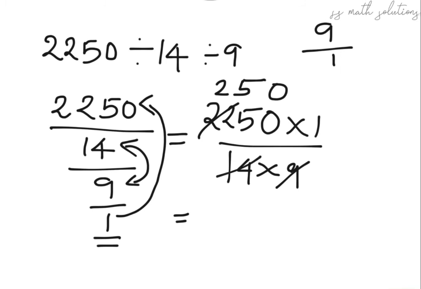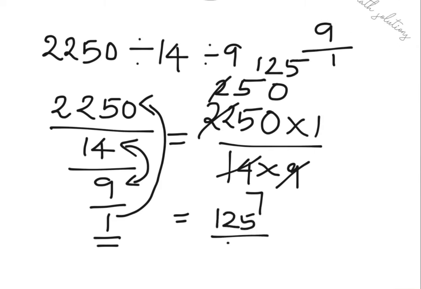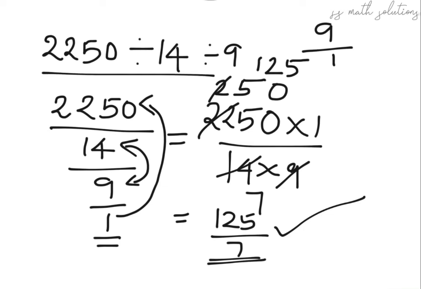So here we get 2 7s are 14, and here 1, 2 2s are 4, 10, 2 5s are 10. So the answer is 125 divided by 7. Here 125 and 7 have nothing in common, so this is the simplest fraction of 2250 divided by 14 divided by 9.